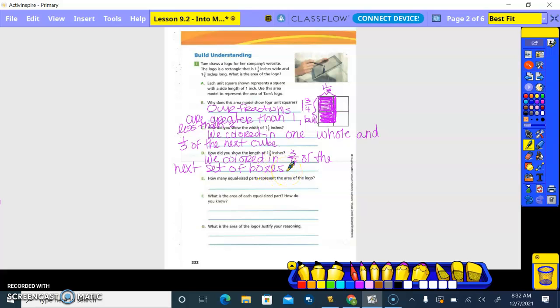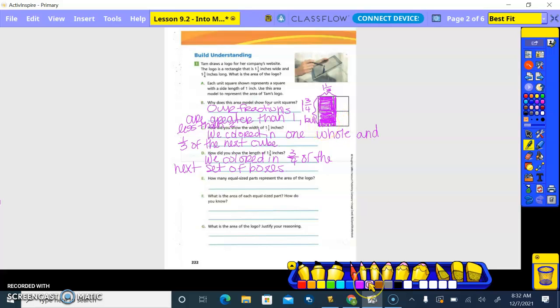How many equal sized parts represent the area of the logo? So technically we would have colored in all of this for 1 1/3, right, guys?